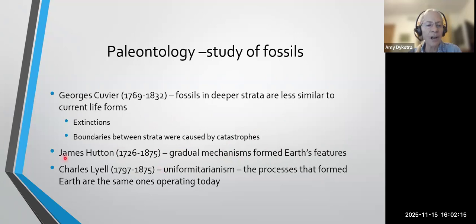And then Charles Lyell, he's the one who died in 1875, and he was a student of Hutton's, and he modified Hutton's ideas into the idea of uniformitarianism, that the same processes that formed the earth way back when are also the ones that are operating today. So we can study processes that are happening today and get an idea about the processes that shaped the earth back then.